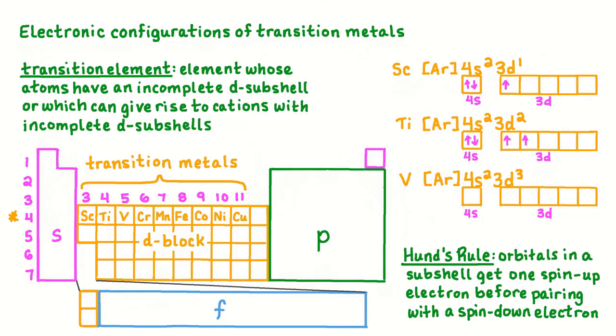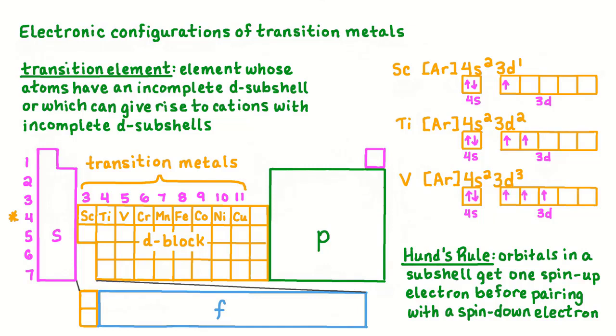To complete the orbital diagram for the valence shell of titanium, we'll need to fill the 4s subshell with 2 electrons with opposite spins, and then in the 3d subshell, we'll put 1 spin-up electron in the first orbital and the second orbital. We do not put 2 electrons in the first orbital in the 3d subshell because that would violate Hund's rule.